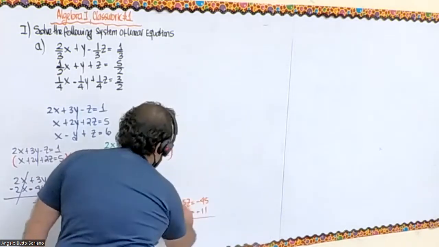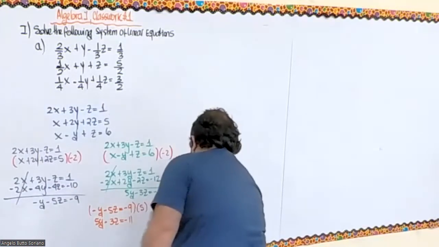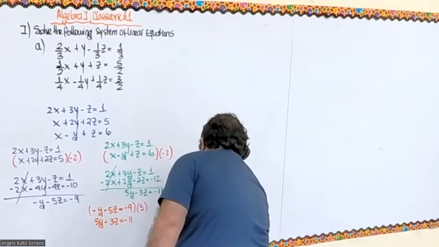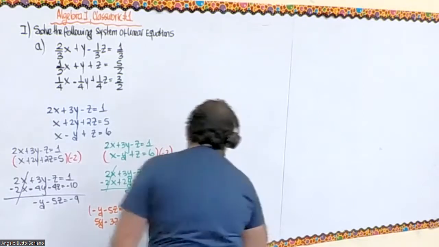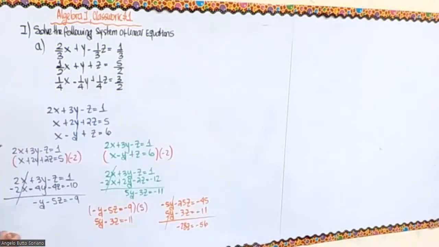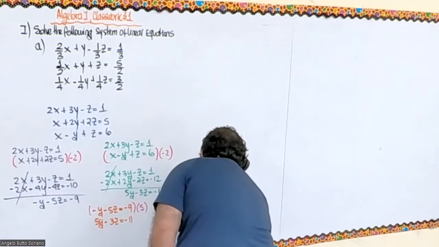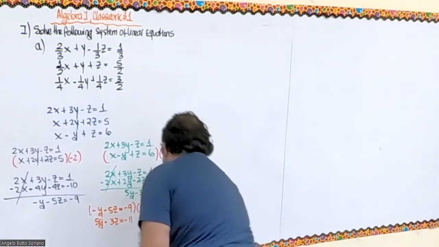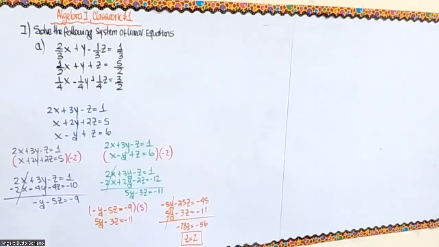So we can cancel y with y. We got negative 28c equals negative 56. And because we're looking for c, c will be equal to negative 56 divided by negative 28, that will be 2 units.